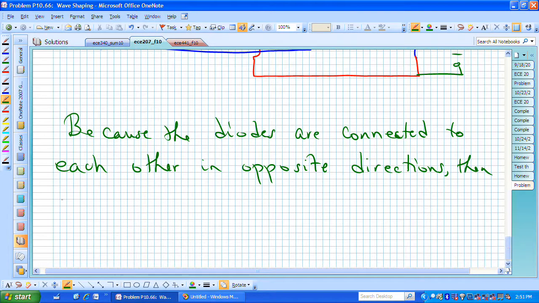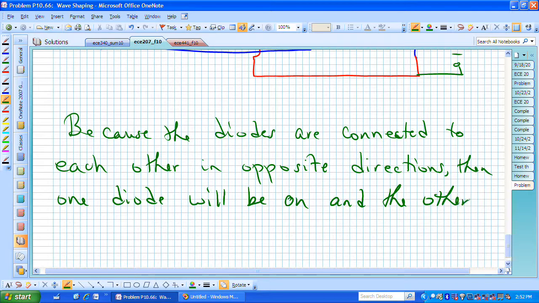Then one diode will be on, and the other diode will be off.